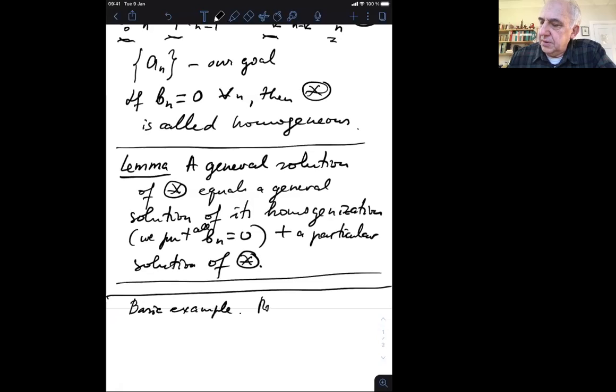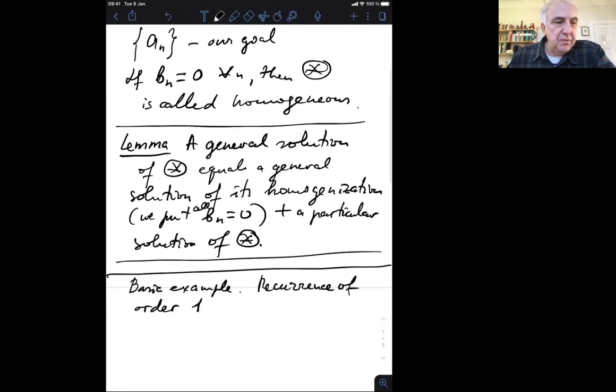So, recurrence of order 1. Order 1 means that we have something like a_n plus or minus some constant times a_{n-1} equals some given function.